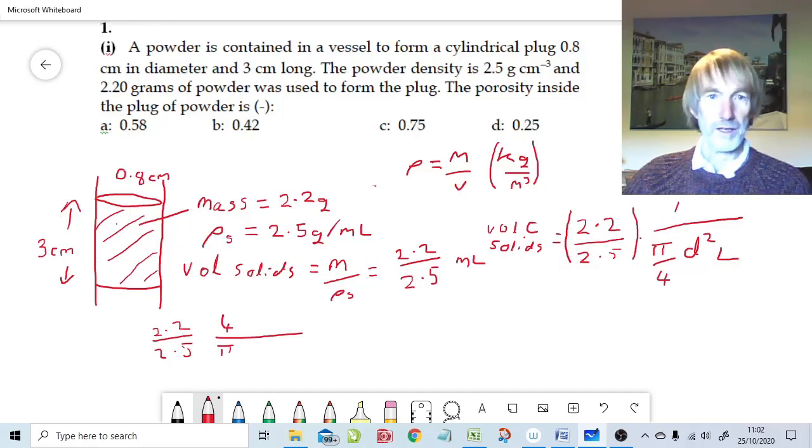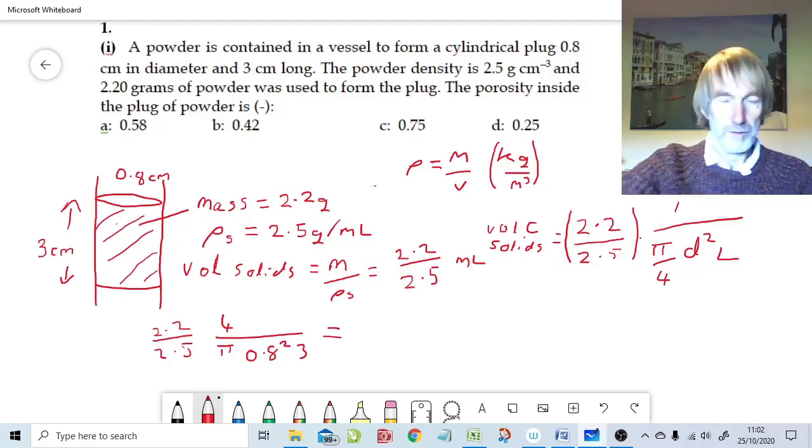D squared is 0.8 centimetres, which of course we need to be squared, and L is the 3 centimetres length. So basically that is what we've got.